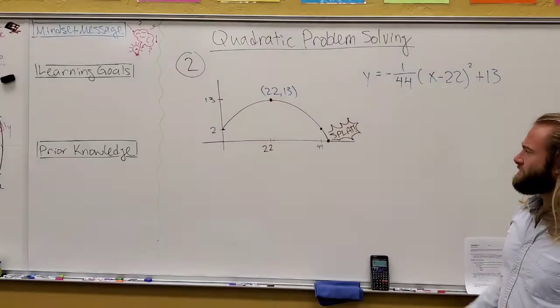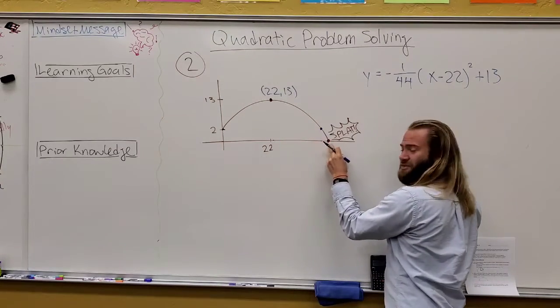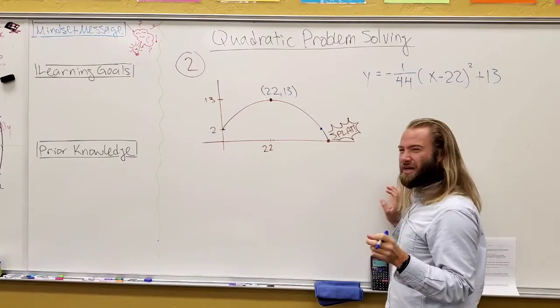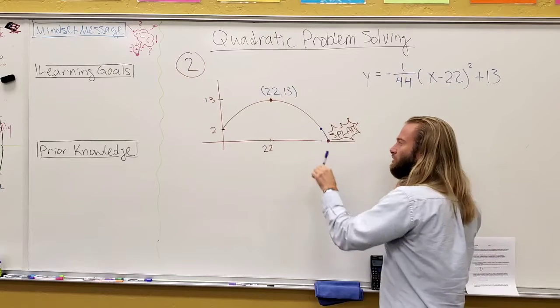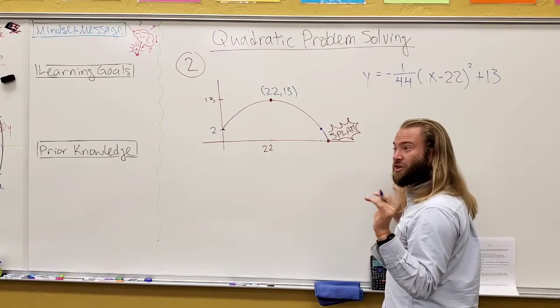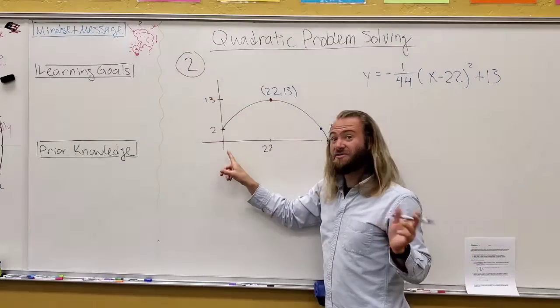But the question becomes, if I'm really trying to search out where Barney hits the ground, what coordinate is helpful there? Well, hitting the ground goes with when your height equals 0, right? The ground is at a y value of 0.